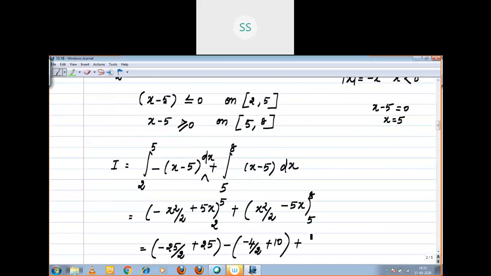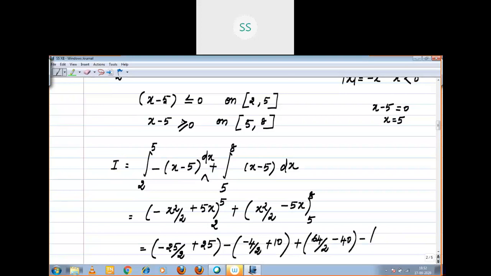Now which is equal to, you are going to substitute the upper limit first and then lower limit. Minus 25 by 2 plus 25, upper limit as over, minus lower limit, minus 4 by 2 plus 10. First part as over.